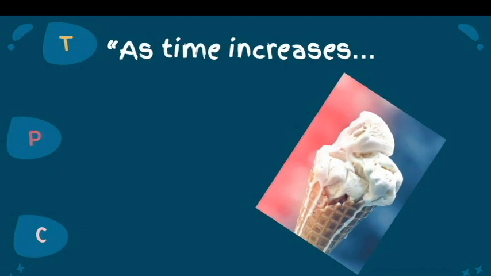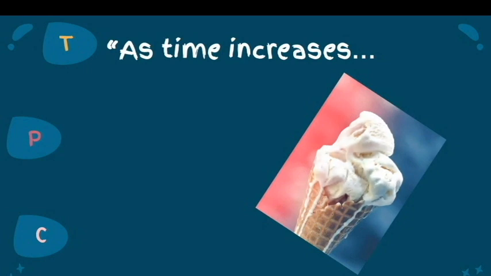Yes, perhaps it's the shape of the ice cream. Okay, as time increases, the shape of the ice cream also changes, or becomes different. Or you can also say something about the waffle, the cone itself.